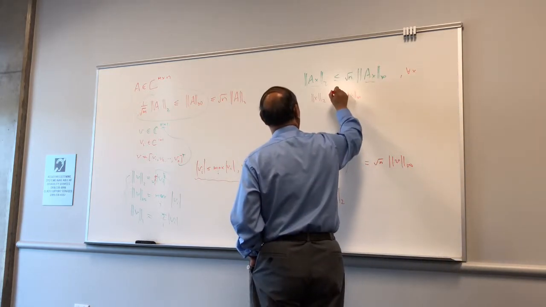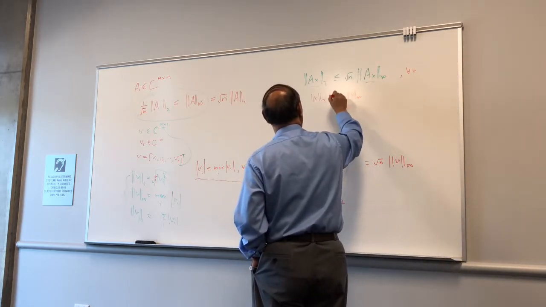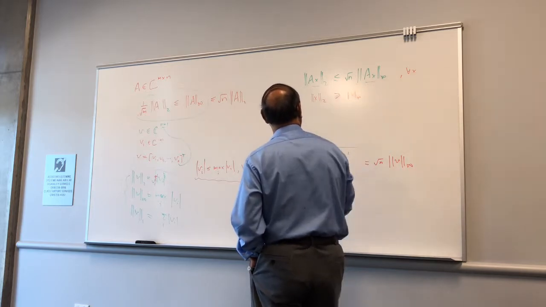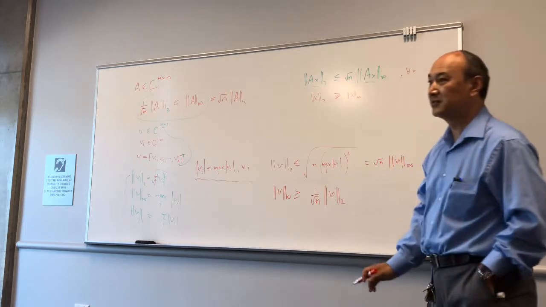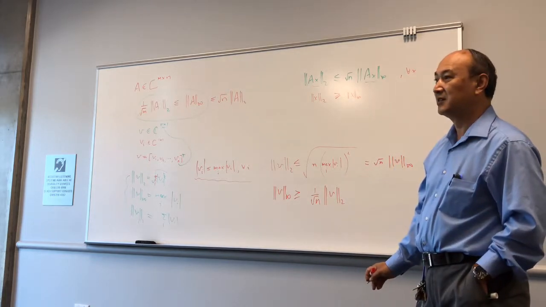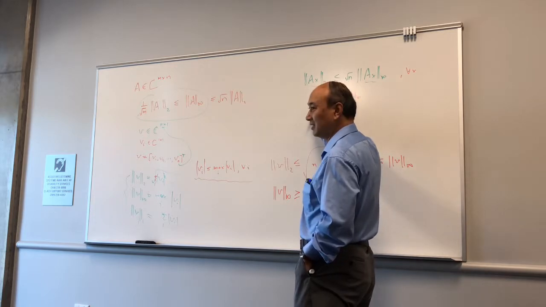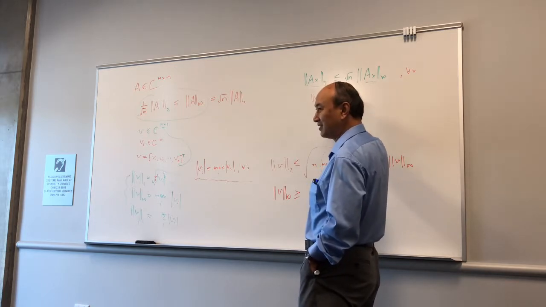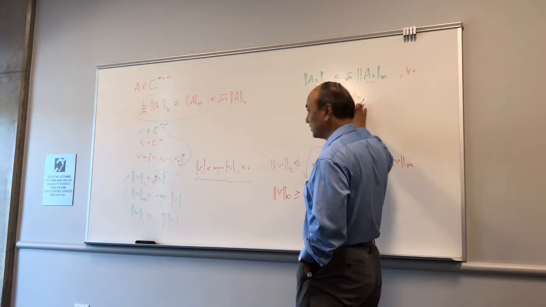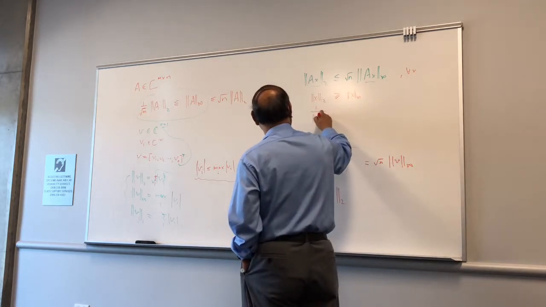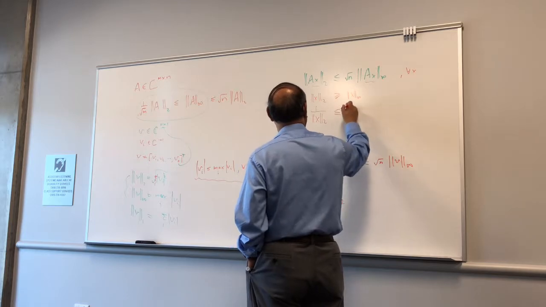Sorry. Is this true? Because the maximum guy is already here, and I add many others, and the square root, of course, is bigger than this. So in other words, this is less than.